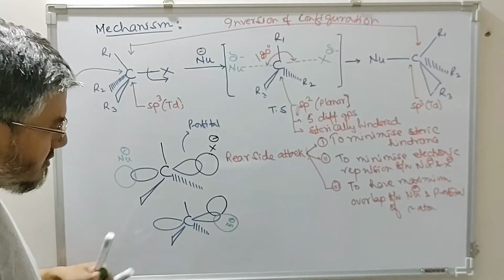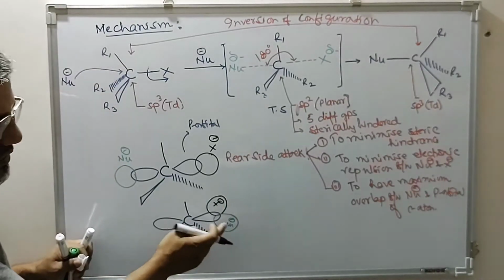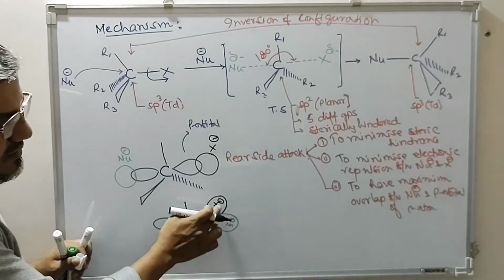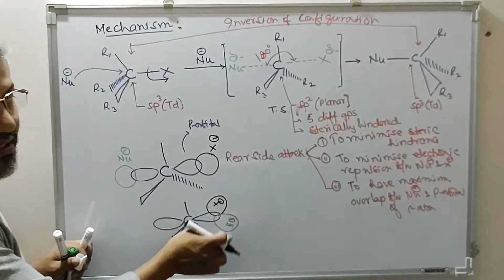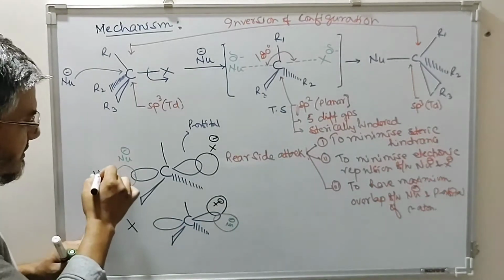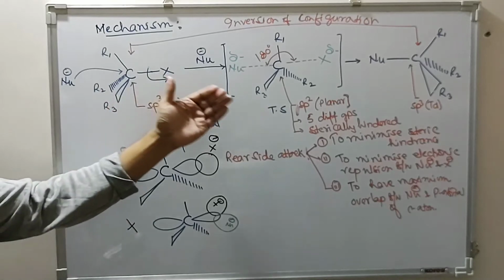If both are on the same side, the extent of overlapping will be less. Second, repulsion will be maximum, and steric hindrance will be maximum. So this frontal side attack is not allowed, and only the rear side attack is allowed in the SN2 mechanism. So this is the reason why we need to have a rear side attack in SN2.